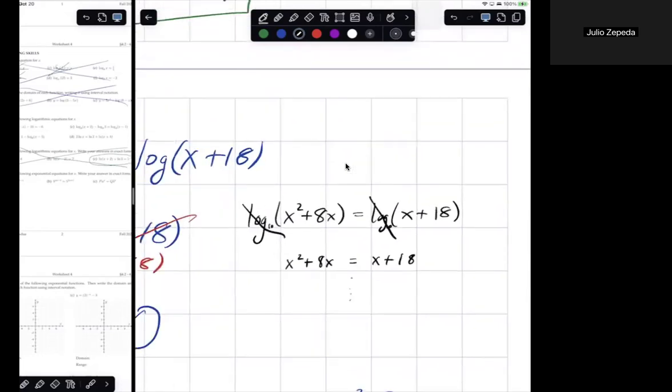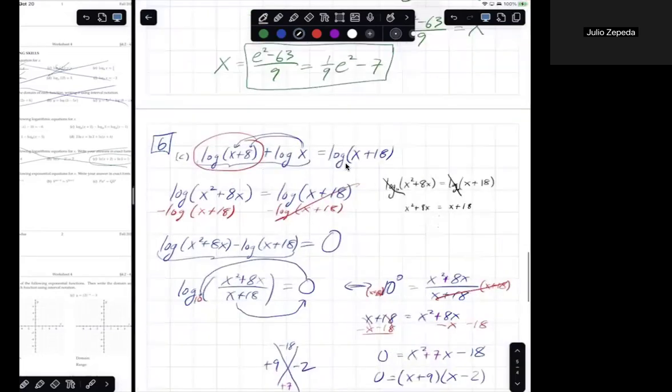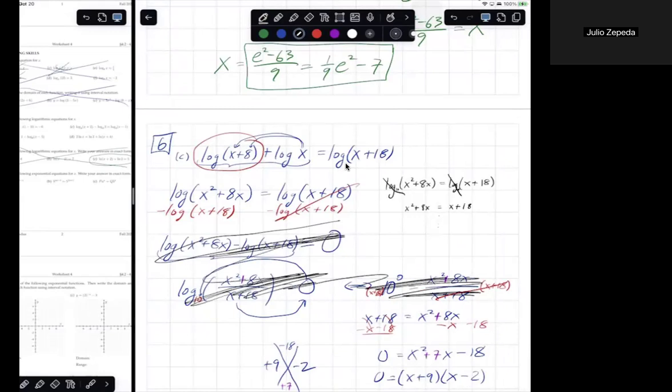And then we can solve from there. And if you take a look, that would essentially eliminate this step here, this step here, this step here, and we would start right here.